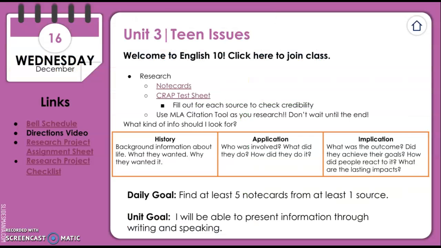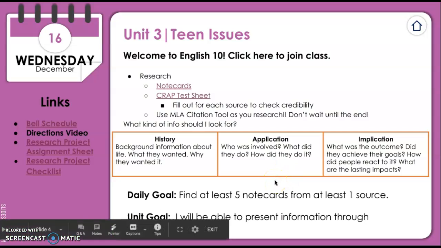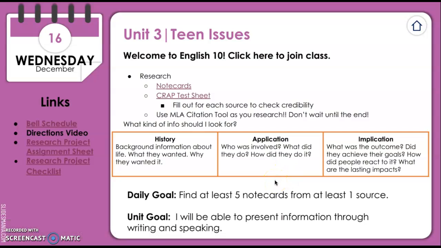The last thing, as you guys are researching today, you might be wondering what kinds of things should you be looking for? What types of information? So, for this project, for an informative speech and paper, you have 3 different body paragraphs, basically. So first you'll talk about the history of the person or the group that you are looking at.